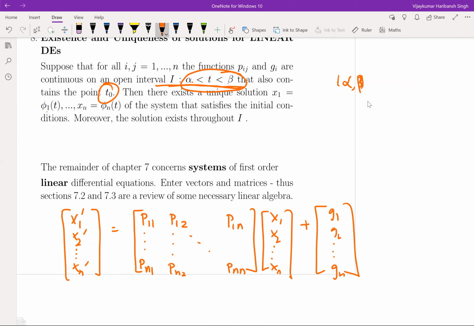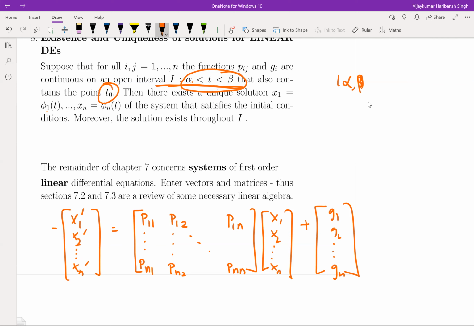So you can write this system of equations in matrix form. So it makes sense to understand now how to deal with matrices. We'll build upon those in the next lecture.